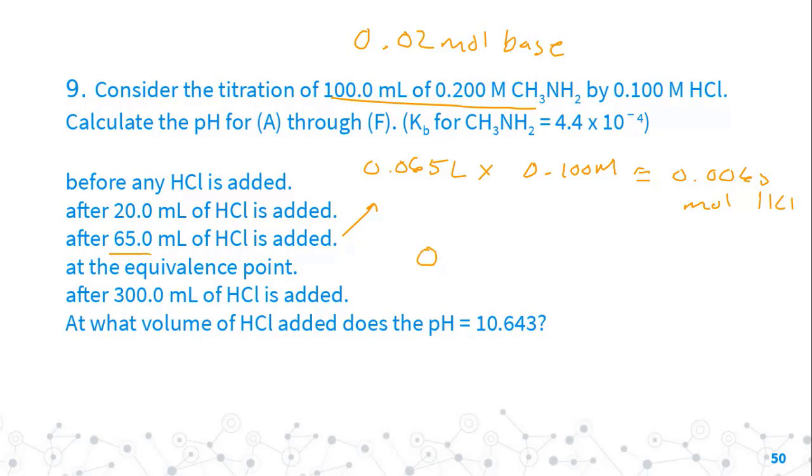We'll have 0.0135 moles of the base left over. And then we'll have 0.0065 moles of the conjugate acid created.